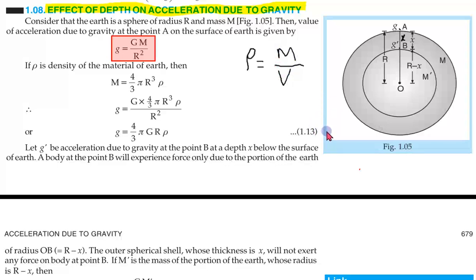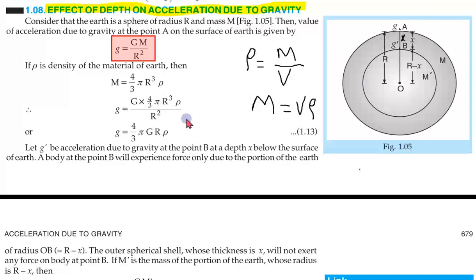What does this indicate? 4 by 3 pi r cube is the volume of a sphere, as the Earth is considered a spherical body. So we take the volume of Earth as 4 by 3 pi r cube. Here we have to remember this: mass equals volume times rho, where rho is density. It is the same expression.